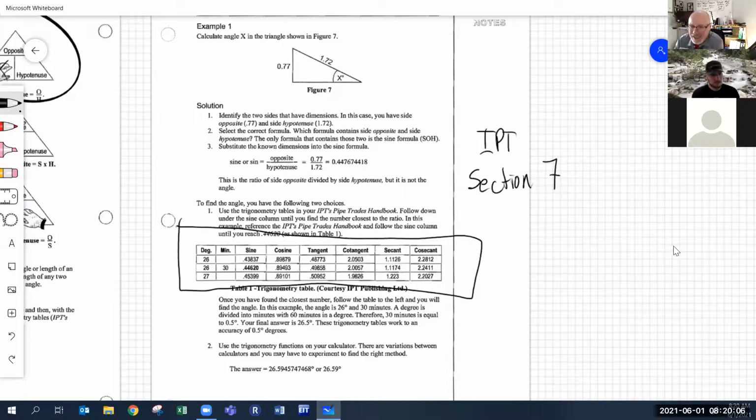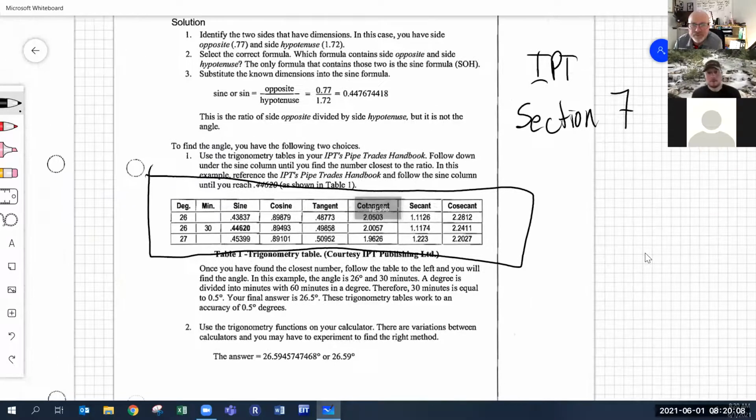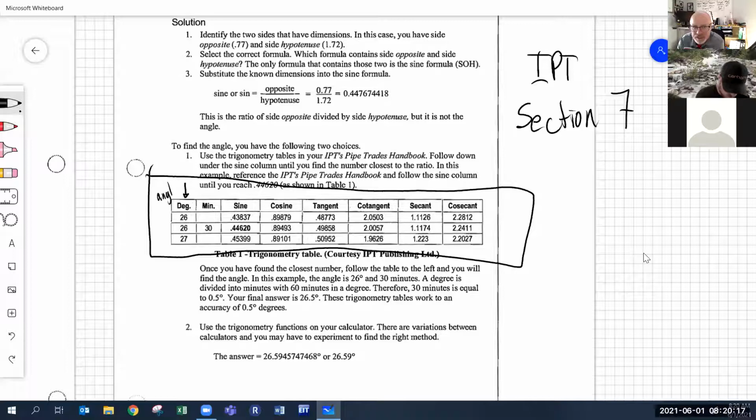And in this table that you see in the Pipe Trades Handbook, you will see the degrees, and this is the angle they're talking about in there. And then they give you something called minutes. Now, the angles that we talk about are based upon a clock face. And every time it goes around once, it's 1 degree.